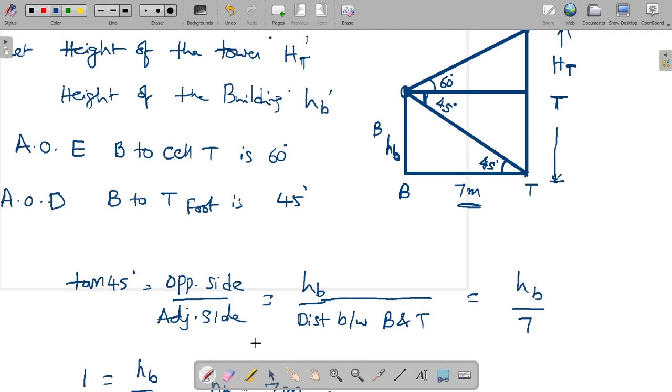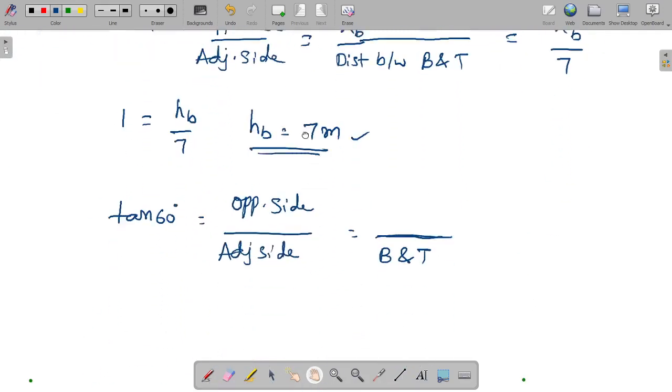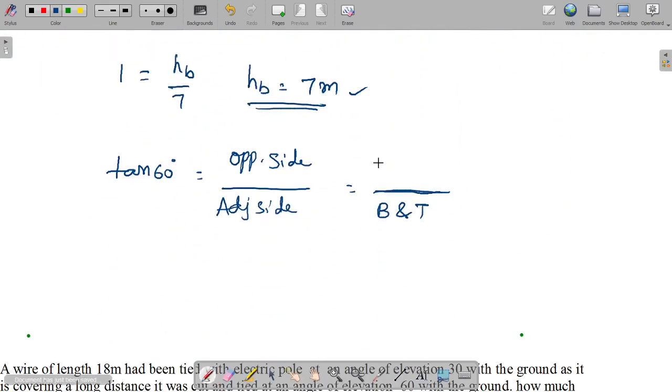If you know this, the problem is solved. So tan 60 is equal to height of the tower minus 7, by 7. Tan 60 value is root 3.